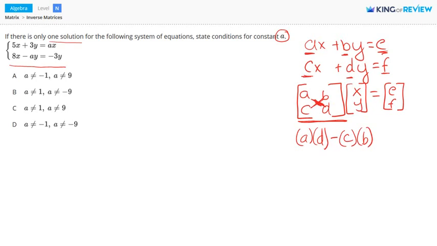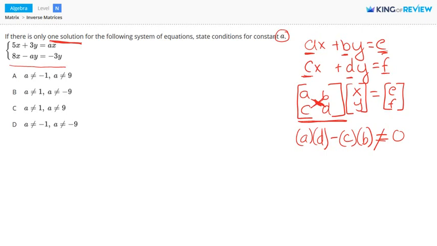Now when we do not have any solution for the system, we would set this equal to 0. But in this case, we're told that there is a solution. There's one solution. So we know that this is not equal to 0. So now let's set up our matrix equation for our system.